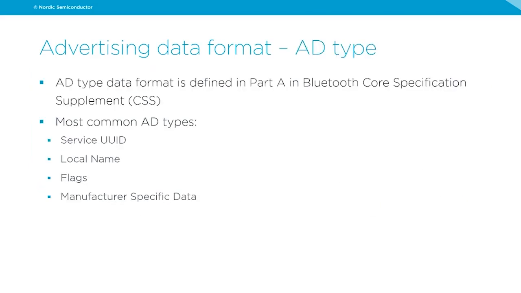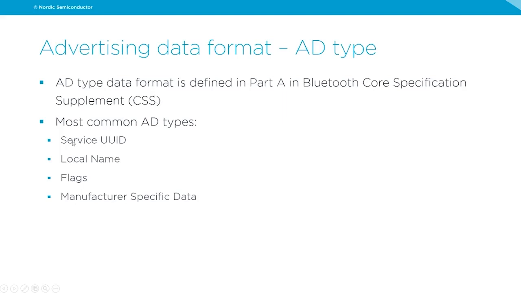And I mentioned for directed advertising, you don't have space for payload, only for addresses. The ID types I mentioned are defined in the Bluetooth Core Specification Supplement called CSS. Instead of the core spec, you need to look into the CSS documentation to find all the types.